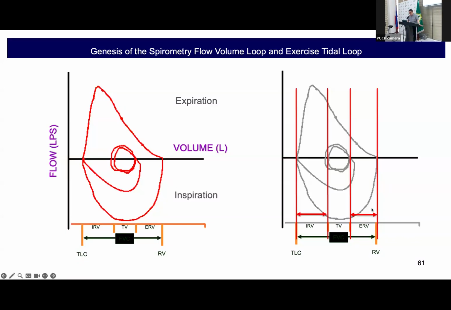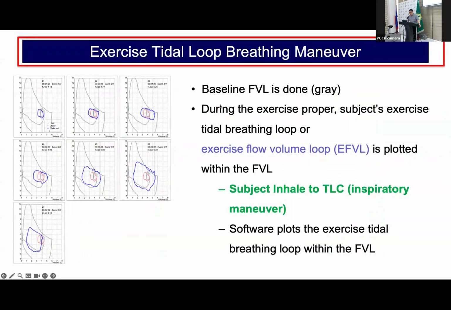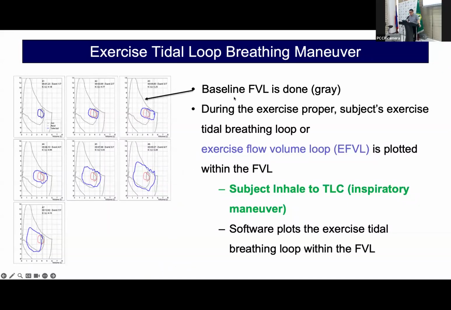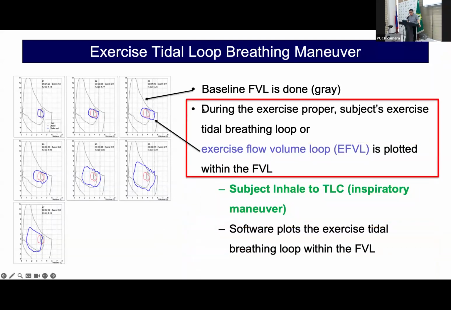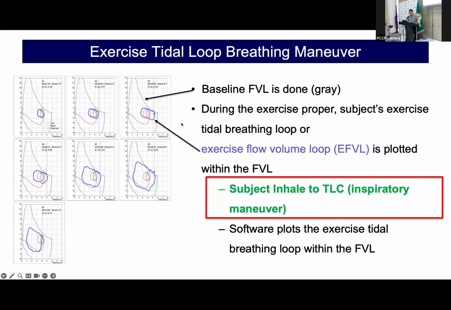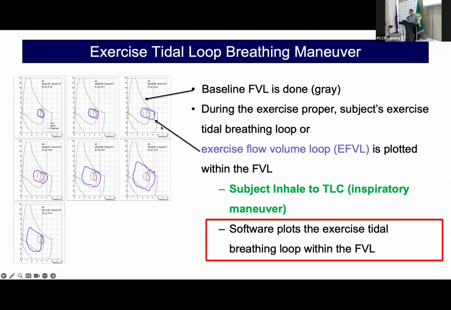For the exercise tidal breathing maneuver, a baseline flow volume loop is done, in gray. During exercise proper, the subject's exercise tidal breathing loop, or the expiratory exercise flow volume loop, EFVL, is plotted within. That's the blue. During this time, the subject inhales to TLC, and the software is going to plot that exercise tidal loop.